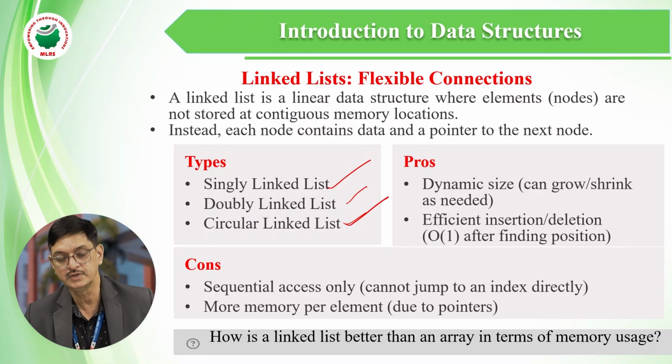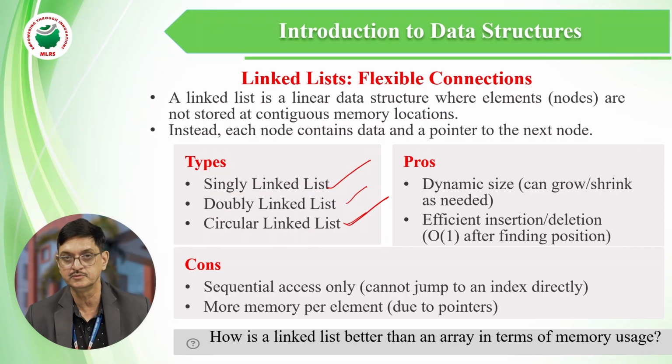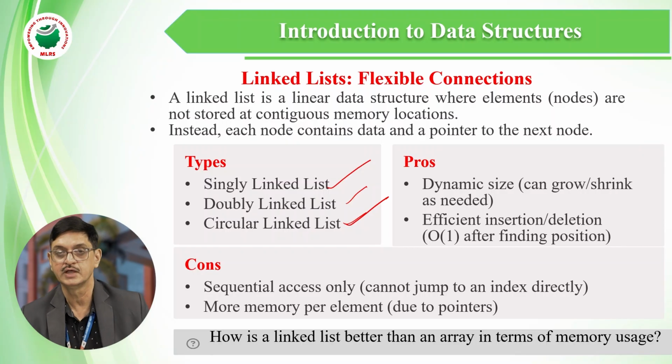In arrays, we can move to any element directly using the index, but we can't maintain a specific order. Whereas in a linked list, we can maintain a specific order. Not only that, as and when required, we can expand the number of locations, and as and when not necessary, we can delete elements, which is not possible in arrays.